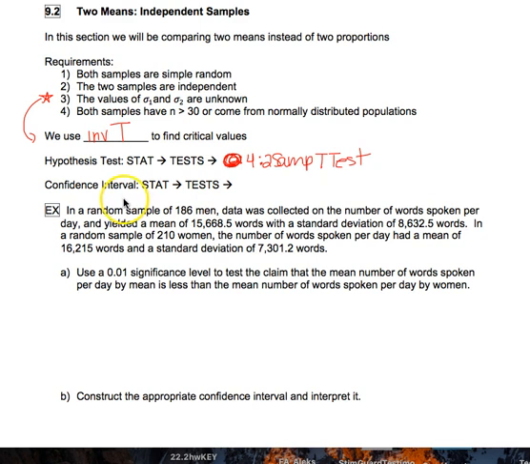For the confidence interval, we're going to be doing choice 0, which is the 2 sample t-interval. So those are the values we're going to be using in our calculator.